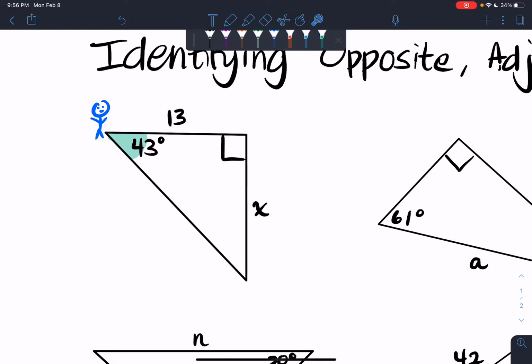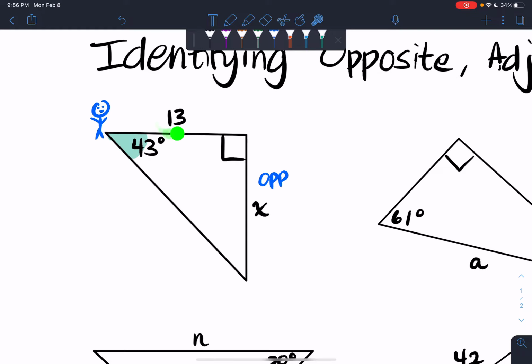Is it far from us? What do we notice? Okay, x is a little bit farther from us, right? It's far from where we're standing. It's almost like if we were in a triangle-shaped room and we had to cross the room to get to the other wall. That wall, x, is the opposite side. So we would say x is opposite.